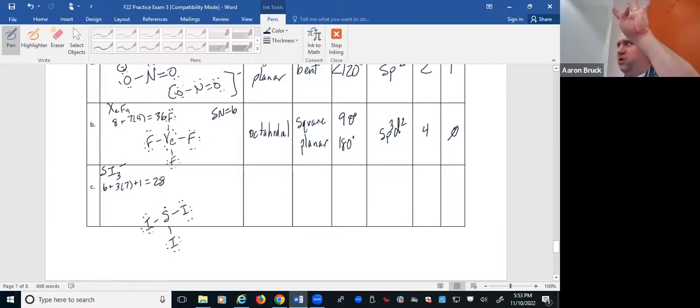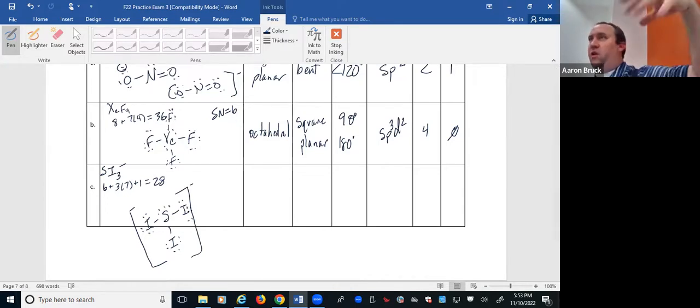I'm 4 short. So they need to go on the center. So you could assign the individual formal charge of -1 on the sulfur, or you could bracket it like I'm showing here. Either way, you've got 3 bonding groups and 2 lone pairs.